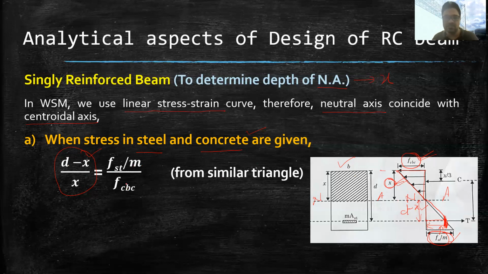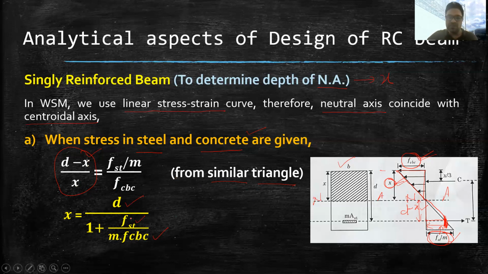Even if we reverse it, x upon d minus x is equal to fcbc by fst by m, the ratio will be the same because the triangles are similar. After rearranging this, we can say that x is equal to this one. So we can find x if the values of fst and fcbc are given in the problem. This is one way through which we can find the value of x.